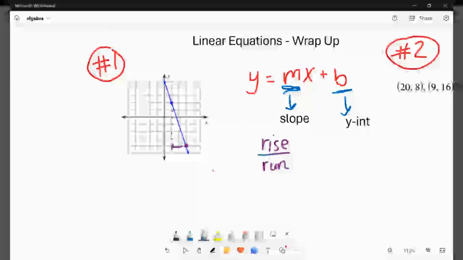So our rise, we went up by 6, positive 6. We went up, so positive. And then our run, we went to the left in the negative direction by 2. So negative 2 is our run, and our rise over run simplifies to a slope of negative 3.